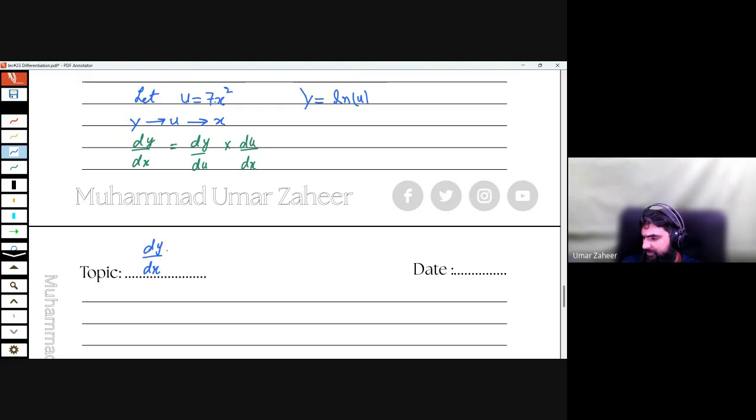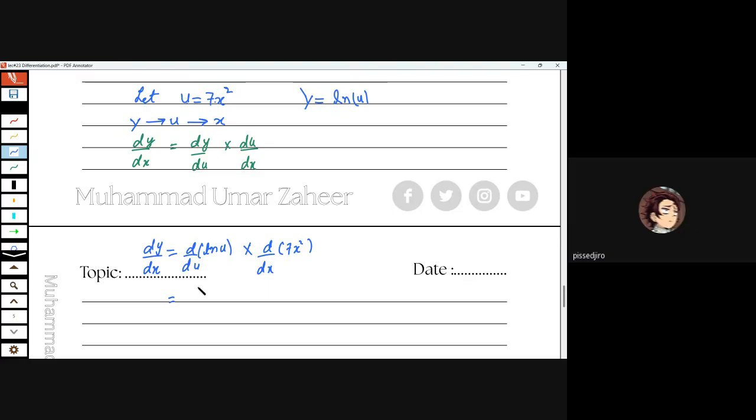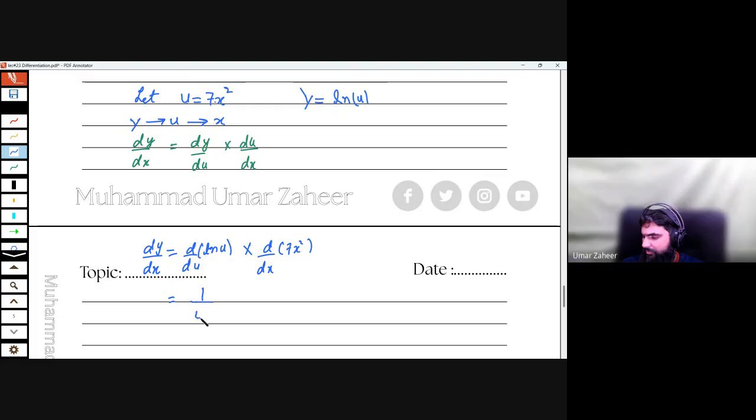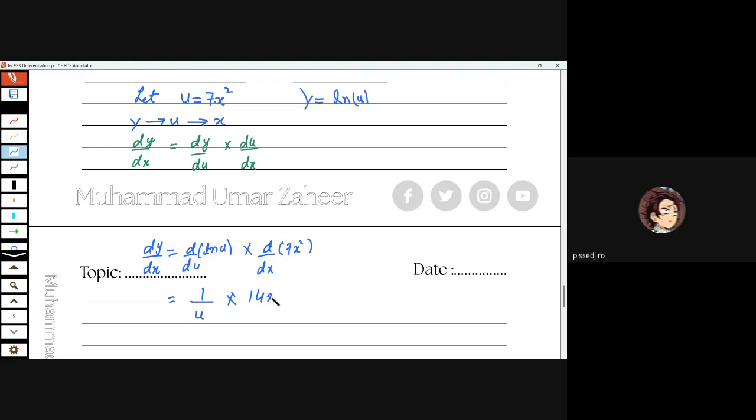Now dy by dx is equal to d over dx of the value of y, which is natural log of u, multiplied by d over dx of the value of u, which is 7x squared. The derivative of natural log is one over u, and 2 multiplied by 7 is 14, so 14x.